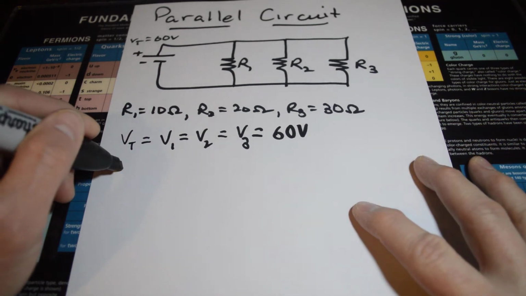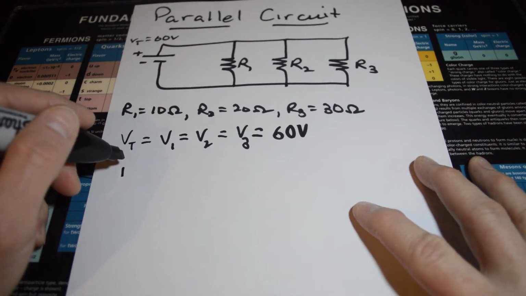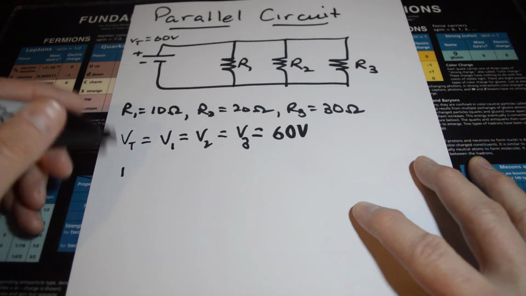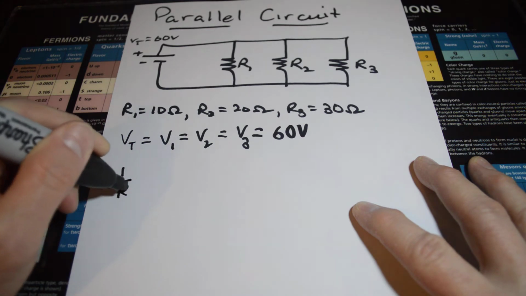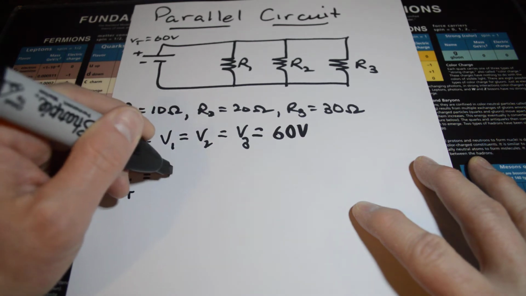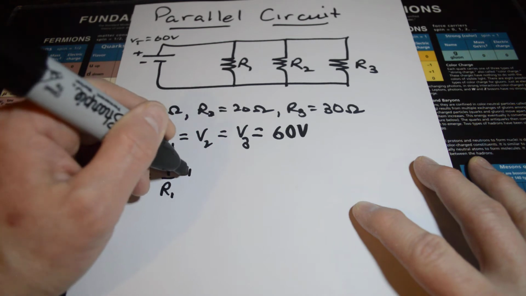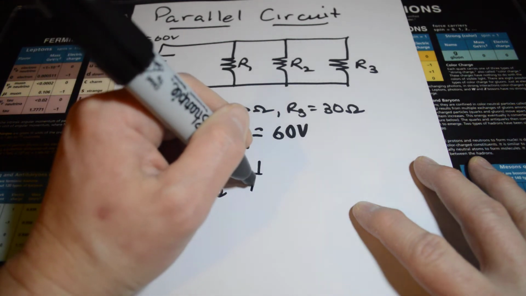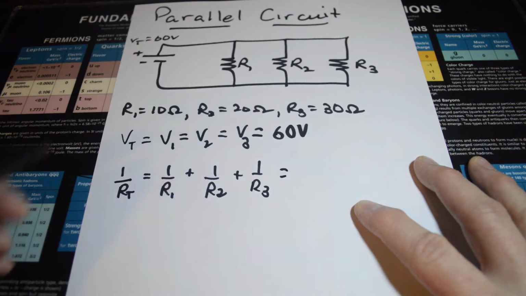Now the current is something that you can figure out by taking a look at the total resistance. But we said that the total resistance is reciprocal additive. So let's take a look at it mathematically.